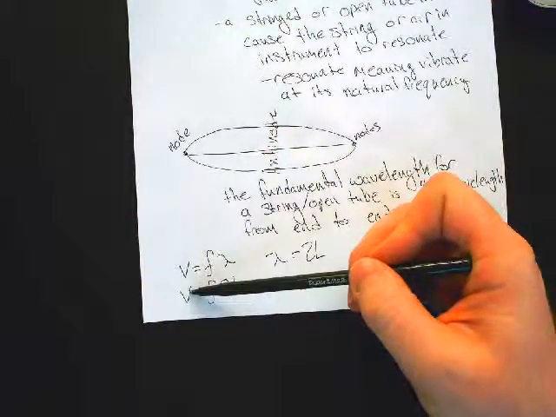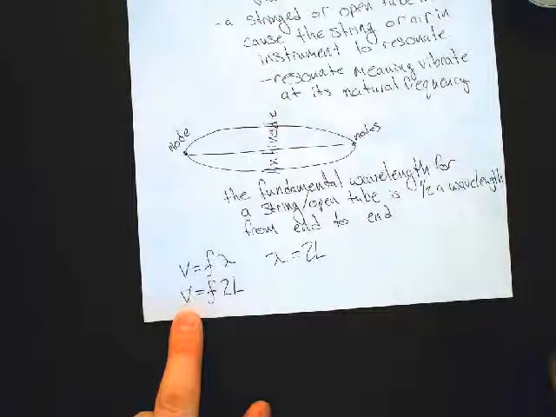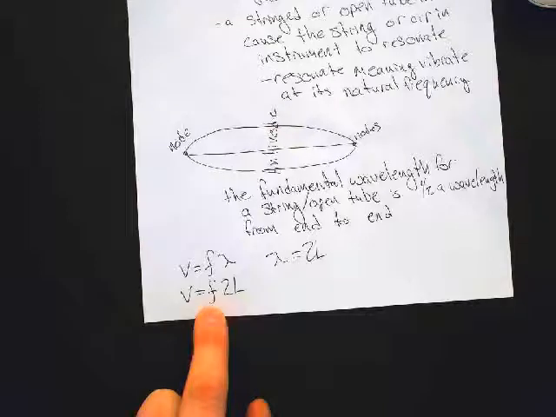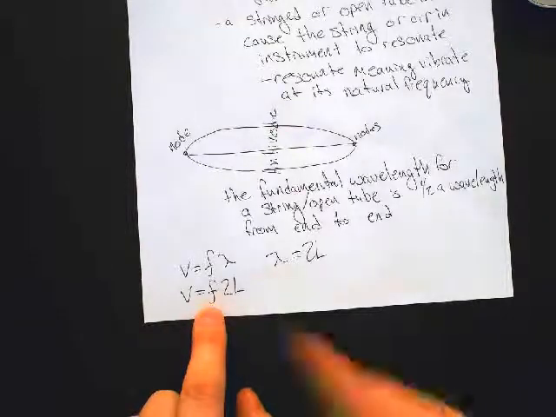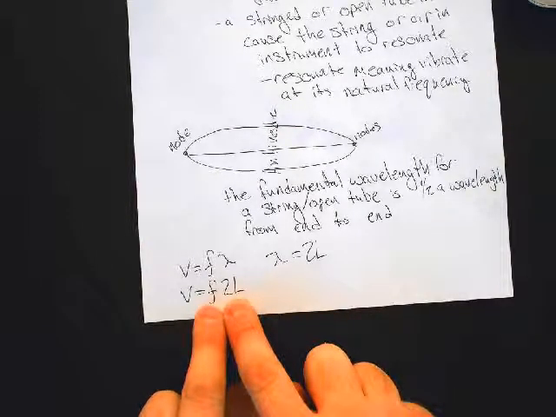So for stringed instrument players, you've got multiple different thicknesses of strings, and you adjust the tension of those strings in order to manipulate the velocity of sound within that string, thus adjusting the pitch because your length of the string is fixed. Make sense, string players?